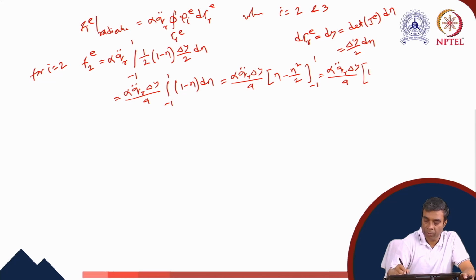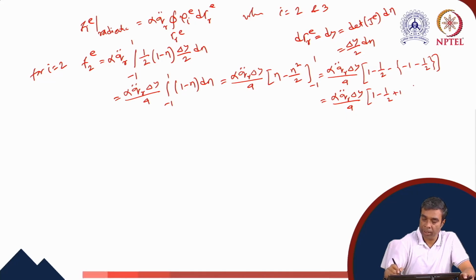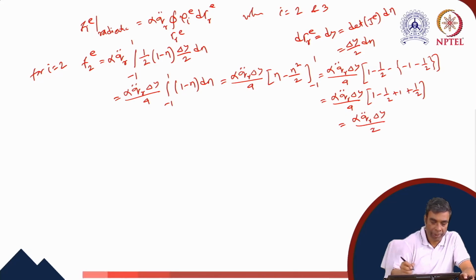Here we get 1 minus half minus minus 1 minus half. This is alpha q_r double dot delta y by 4 times 1 minus half plus 1 plus half. So this is alpha q_r double dot delta y by 2.